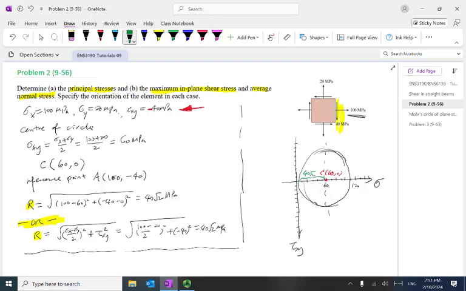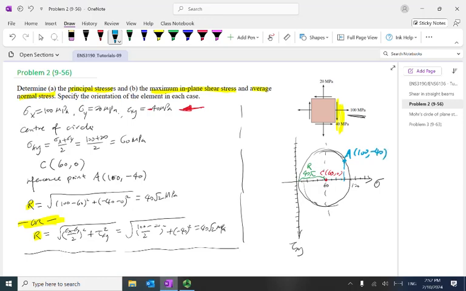So then, of course, the radius is R. The reference point is 100, negative 40. That's the point, so A is here: 100, negative 40.